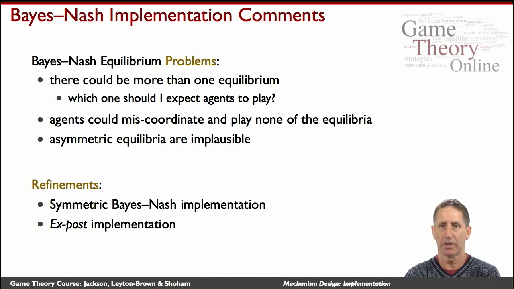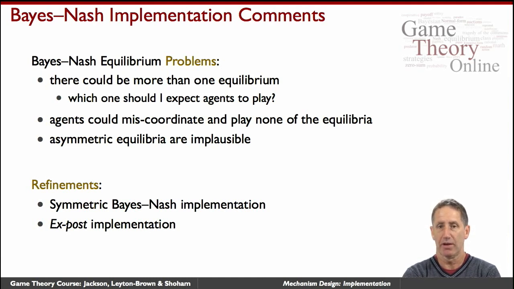When we have multiple equilibria of a game, what do we actually predict will happen? Now, in a mechanism design setting, we could say, if I have multiple equilibria, is it enough that I select one of them and require that that equilibrium always lead to a social choice optimum or not?